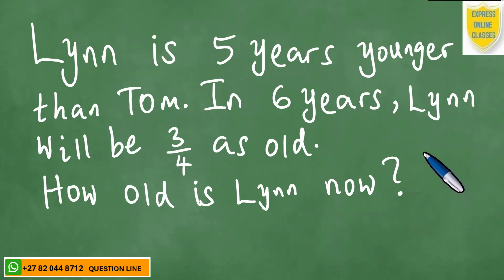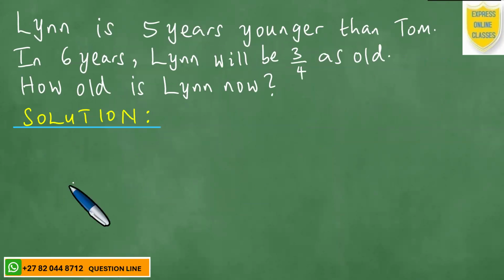We begin as follows, very diligently, but in a very pedantic manner. If Lynn is 5 years younger than Tom, and in 6 years Lynn will be 3/4 as old, how old is Lynn now?